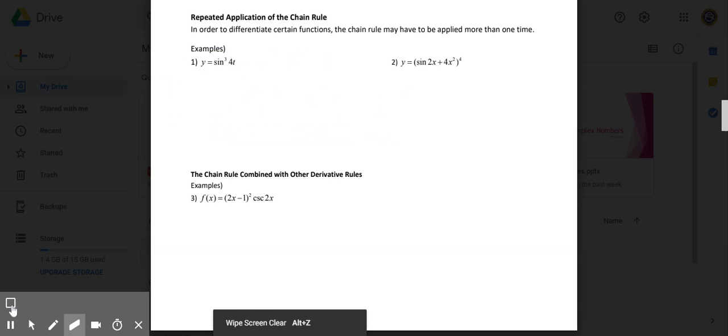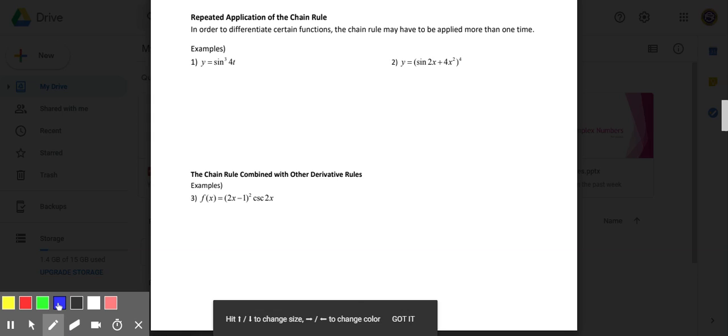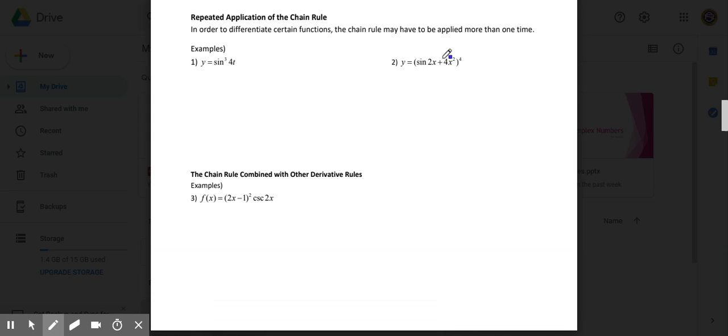So moving on to the next one, we have inside, we have a sum, but that doesn't change too much. So we have sine of 2x plus 4x squared, and all of that is inside a function to the fourth. We just have to be careful because inside here, when we take the derivative of sine of 2x, we will need to take the derivative of 2x as well.